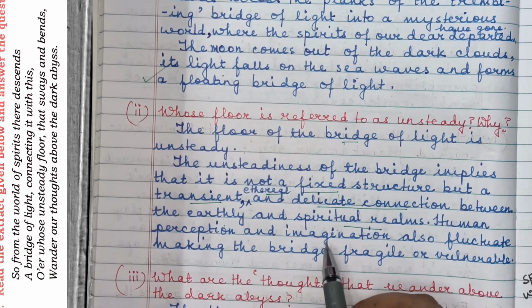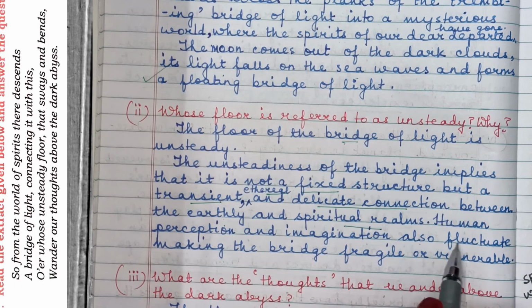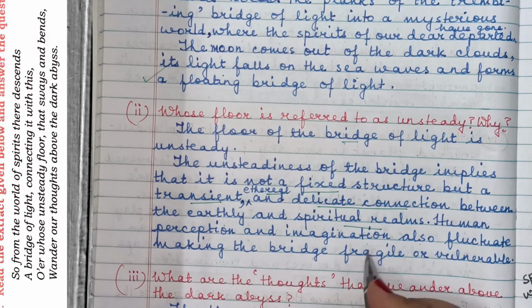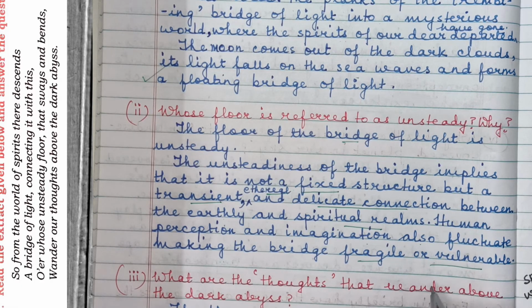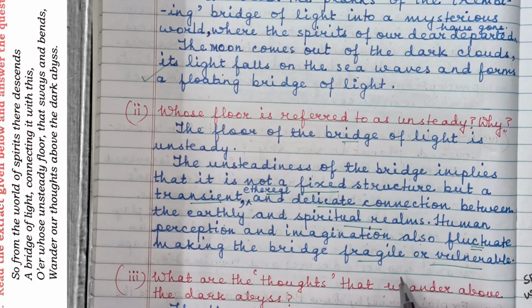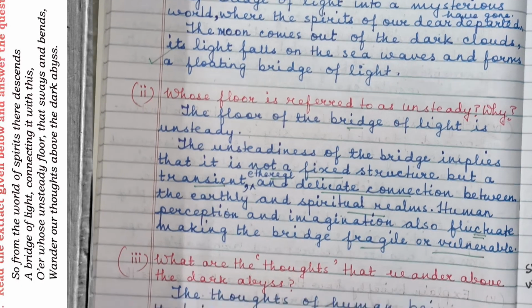Human perception and imagination also fluctuate, making the bridge fragile or vulnerable. Our thoughts, imagination, the way we look at things keep on fluctuating. Because of these fluctuations, the bridge, the connection also becomes fragile, unsteady, vulnerable.